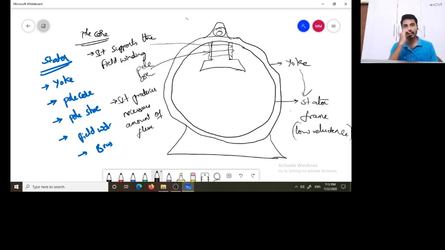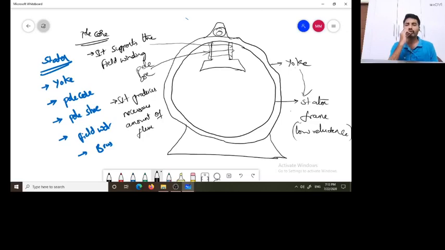If you take an iron part and the wire is wound on it, then whenever we give the supply to that wire, it behaves as an electromagnet.